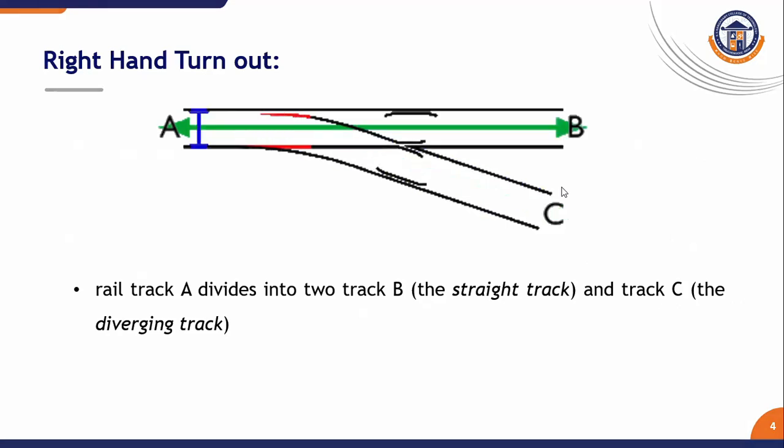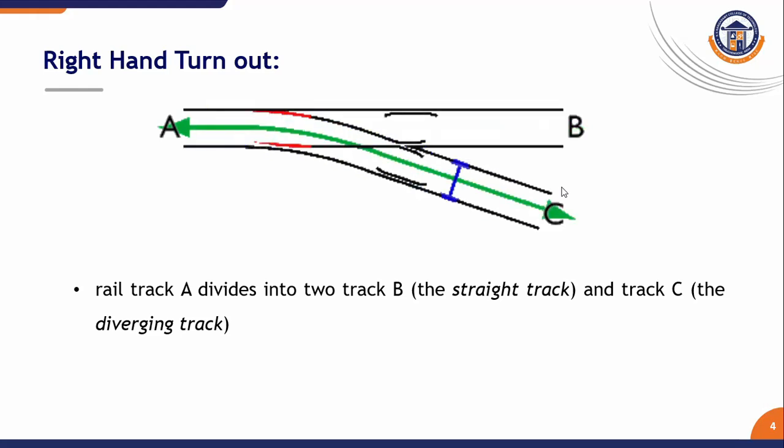The diagram shows the right hand turnout. You see the train starts from A and it is diverted into the turnout to C, and if it needs, it takes to B. It is shown in the simulation of the figure.